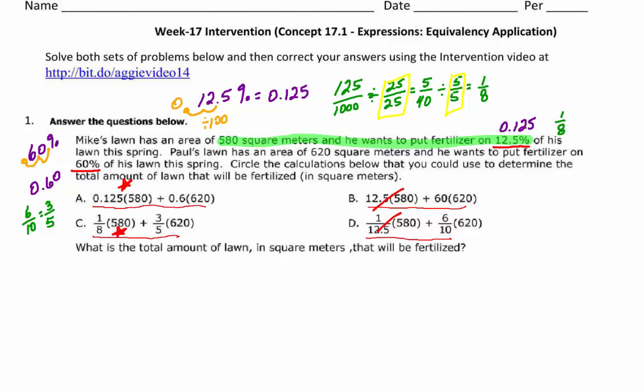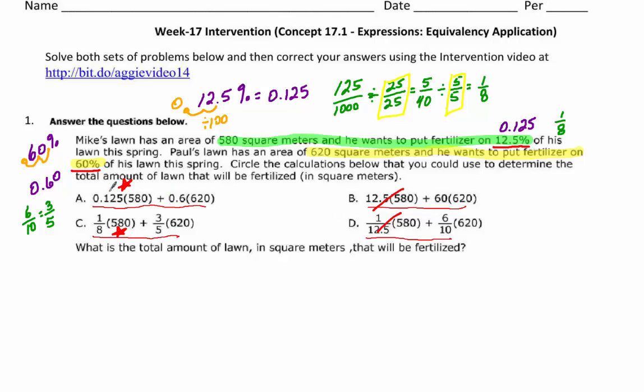All right, let's check the second part. So the second part is Paul has 620 that he wants to fertilize 60% of the lawn. So we're going to check and see if those work. So these two that were wrong already, we don't have to check those again.